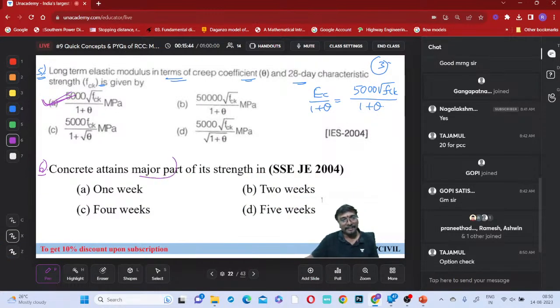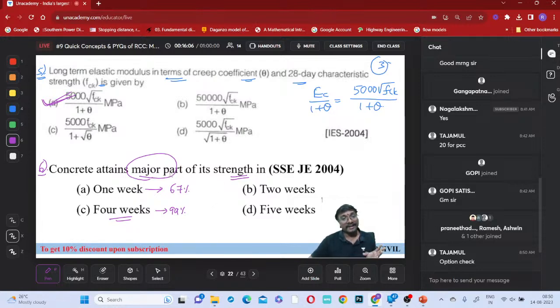Concrete attains a major part of its strength in, which one should be the answer? 4 weeks. Whenever you consider 1 week, it gets 67% of its strength. At 4 weeks, it is 99% of its strength. So here you have to be careful, Tajamal.